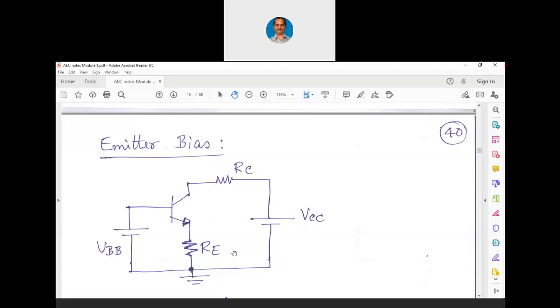But as we are in the era of VLSI, very large scale integration, the addition of a resistor inside a chip is also not going to cost us more. The advantage is the circuit is becoming more stable, and because of the stability, we can work comfortably with this circuit. That is the advantage of emitter bias.